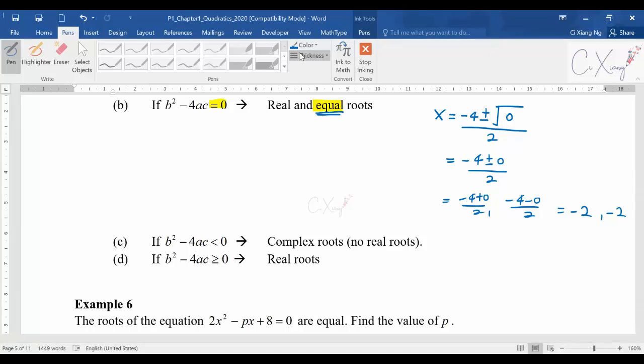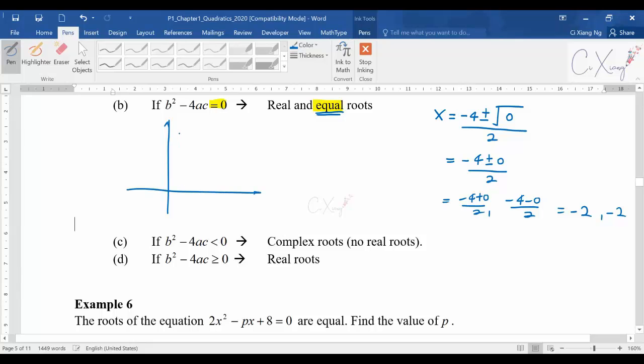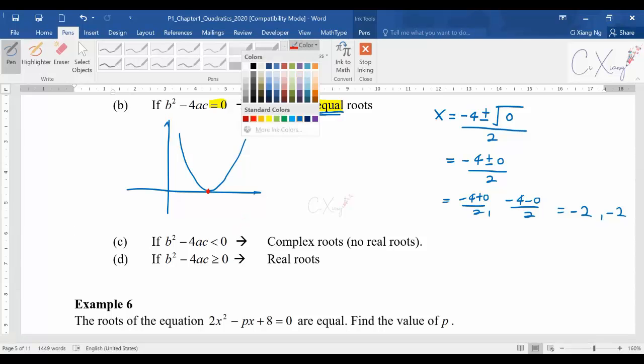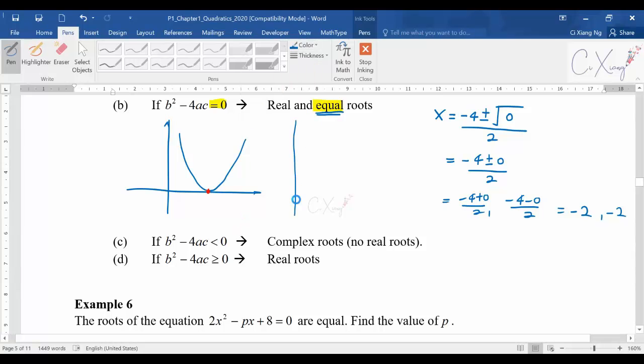All right. So how will your graph look if you're having real and equal roots? If you're having real and equal roots, then your graph might look something like this. The U shape will touch the x-axis at one point only. So this is the root. And then if you're having an M shape, same thing happens.